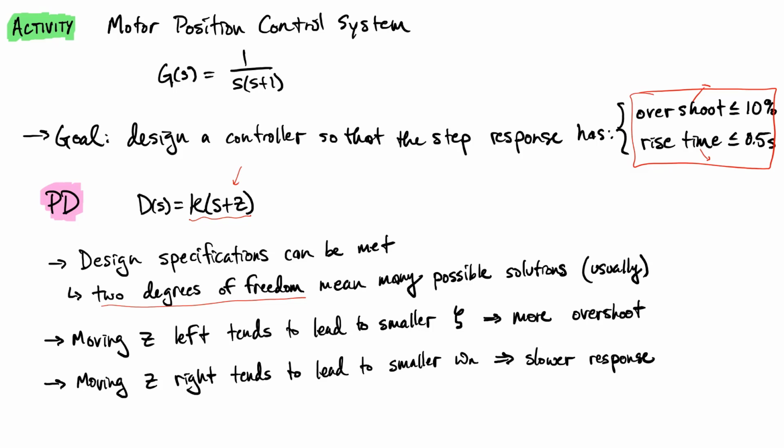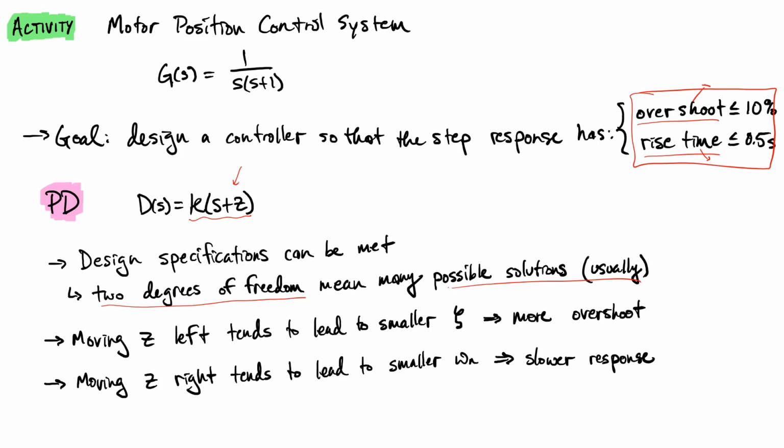So typically that means that there are many solutions, and there's still a trade-off. Achieving overshoot and achieving rise time are competing goals, and so there's still going to be this trade-off that we saw in proportional control, but there are going to be solutions that do exist.